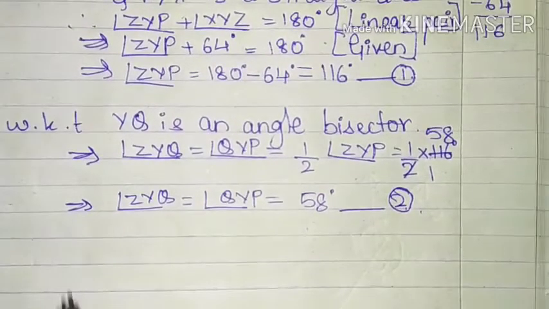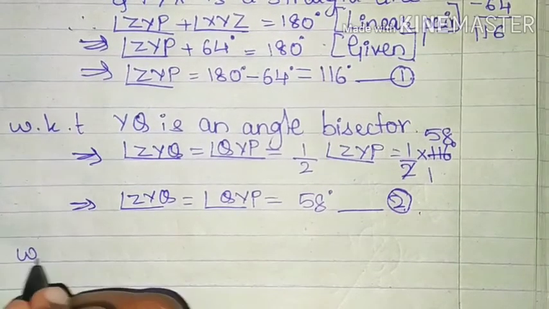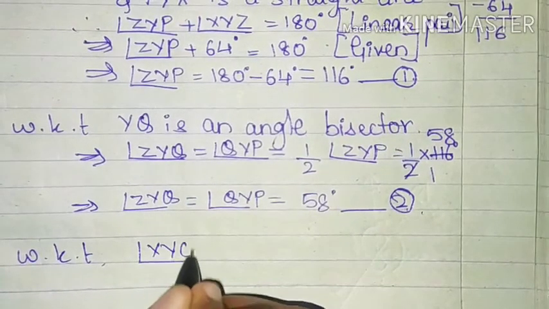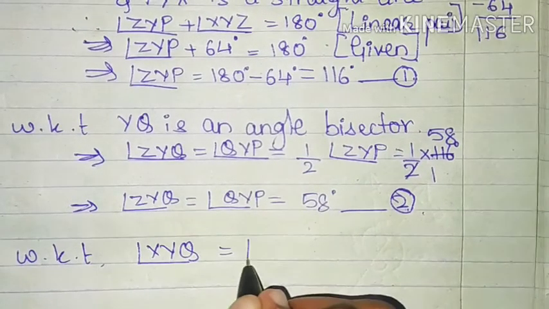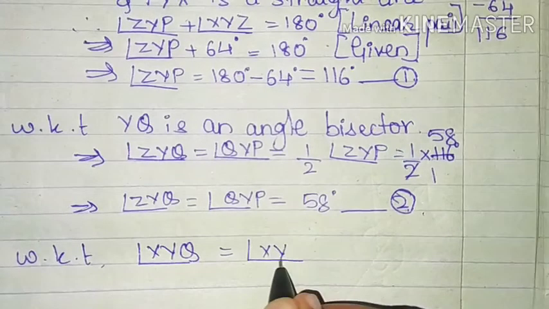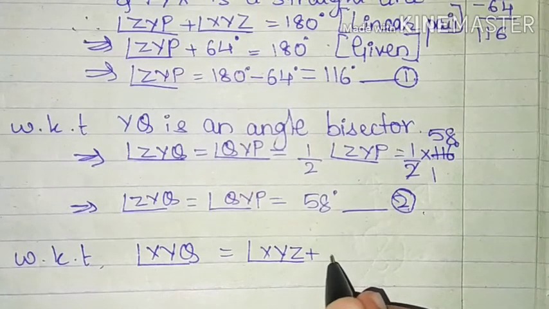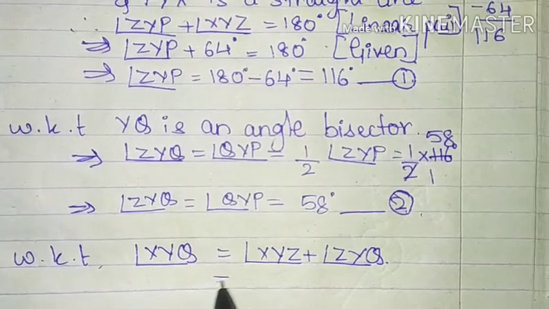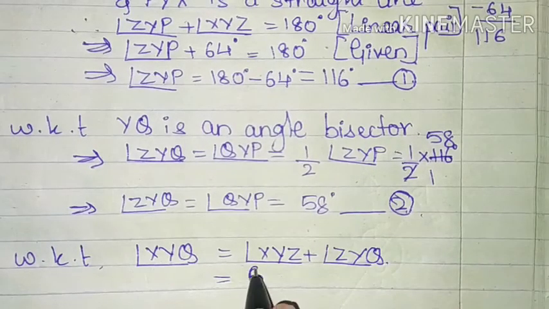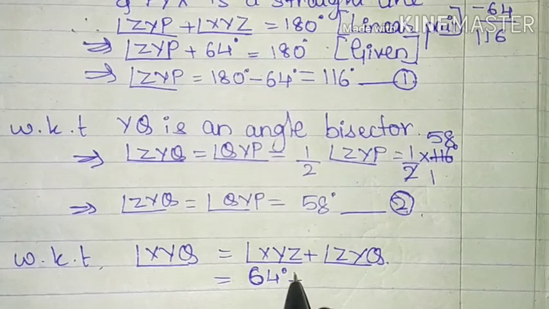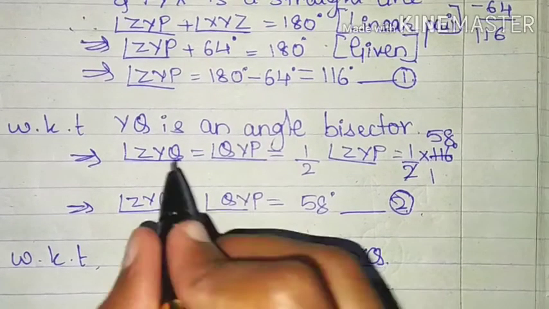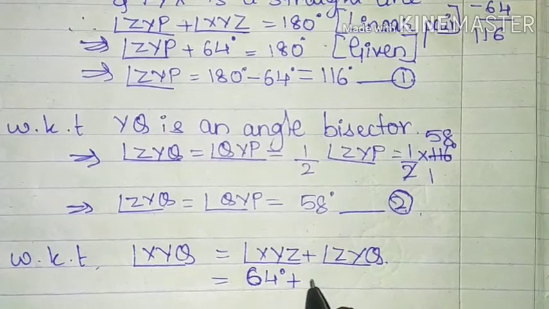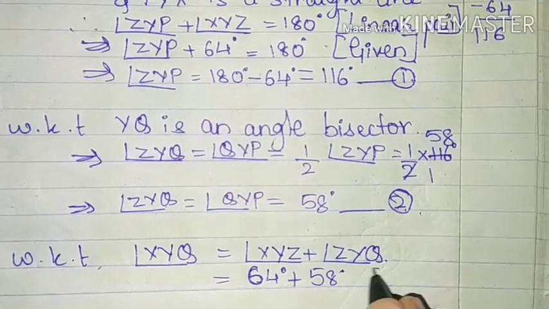So now we know that angle XYQ is equal to angle XYZ plus angle ZYQ. We know that angle XYZ is 64 degrees plus angle ZYQ. Here from equation 2 we got angle ZYQ is equal to 58 degrees.